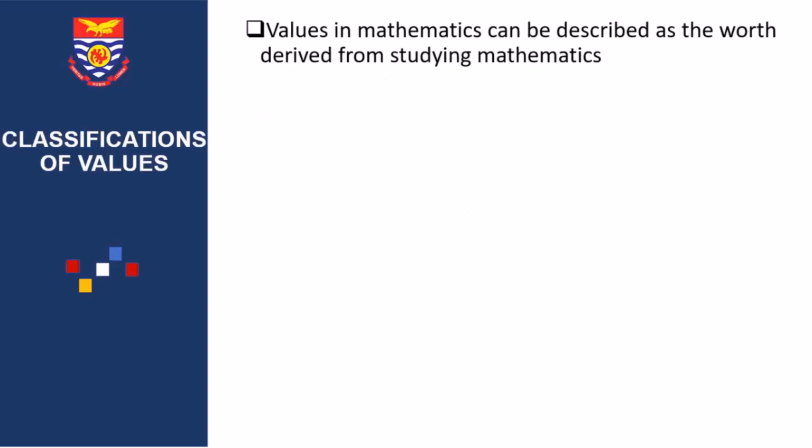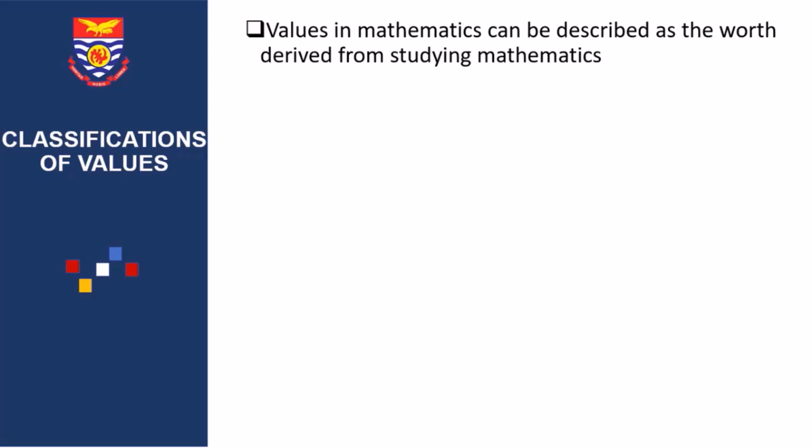So let's look at classifications of values in general. Values in mathematics can be described as the worth derived from studying mathematics. So the benefit or the worth derived from studying mathematics is what we call the values of mathematics.